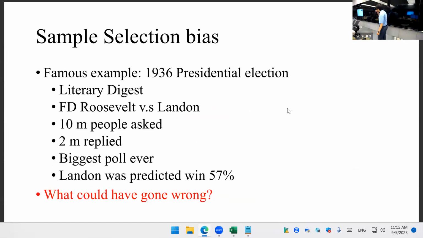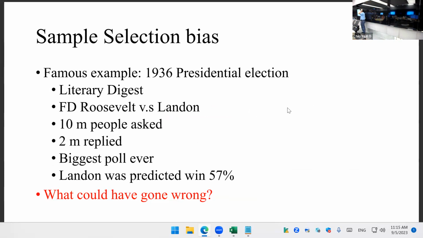So I think there is one more famous example. You read in a textbook, they also mentioned this as an example. It was about a poll for the US election. They made a very large sample and it turned out to be wrong. One of the reasons is that they did it through telephone.